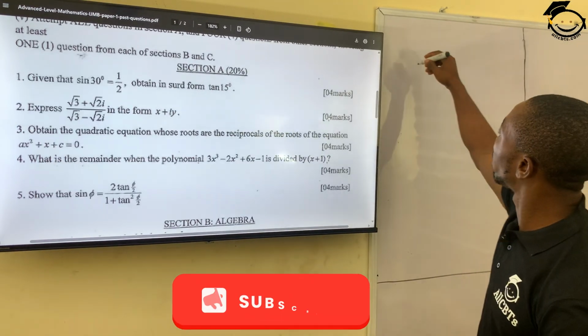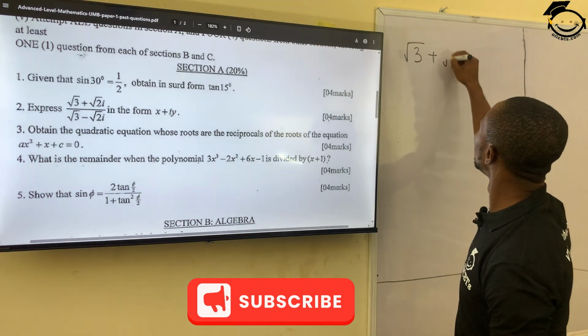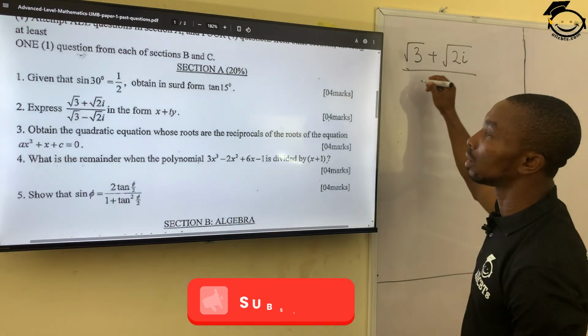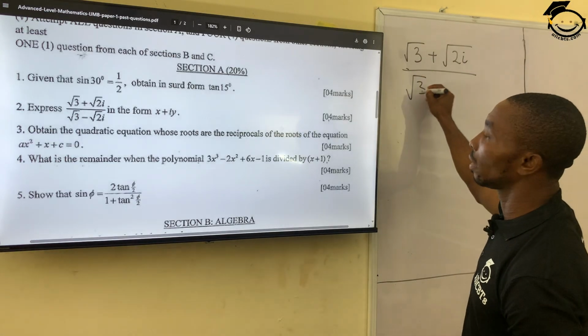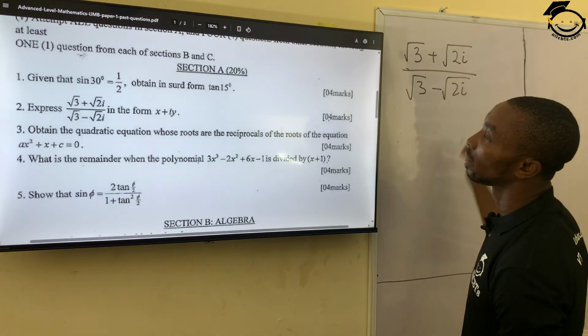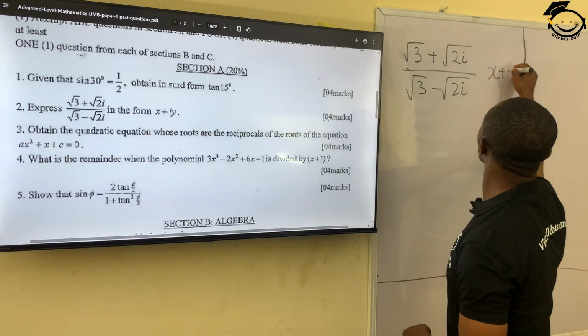Express (√3 + √2 i) all over (√3 − √2 i) in form of x plus iy.